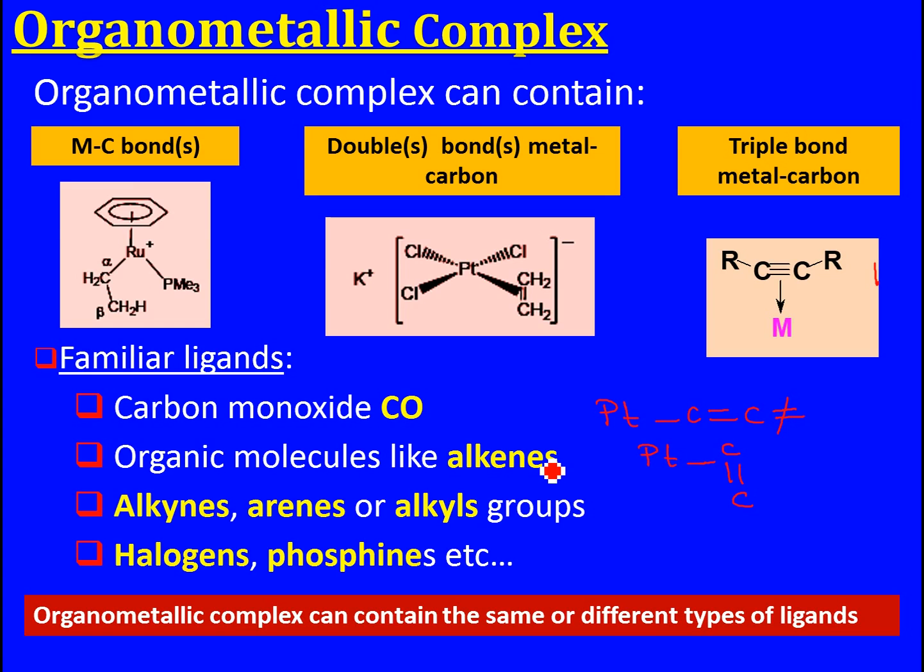For example, in organic synthesis, we use triflate as a good leaving group. In organometallic chemistry, we use phosphine as a good leaving group. Organometallic complexes can contain the same or different types of ligands.